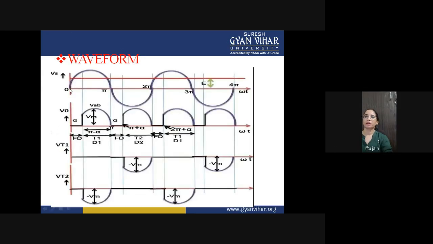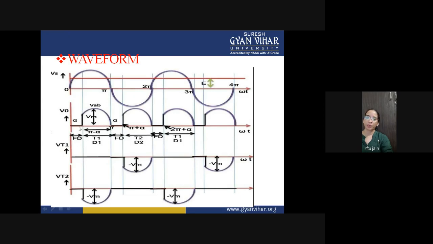You can see that from 0 to pi, if you talk about your positive half cycle, and you are triggering thyristor T1 at an angle alpha, then the thyristor will start to conduct from alpha to pi.